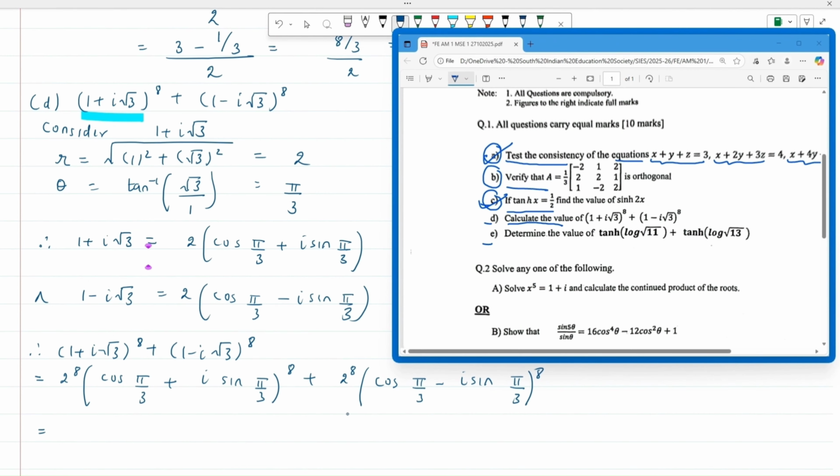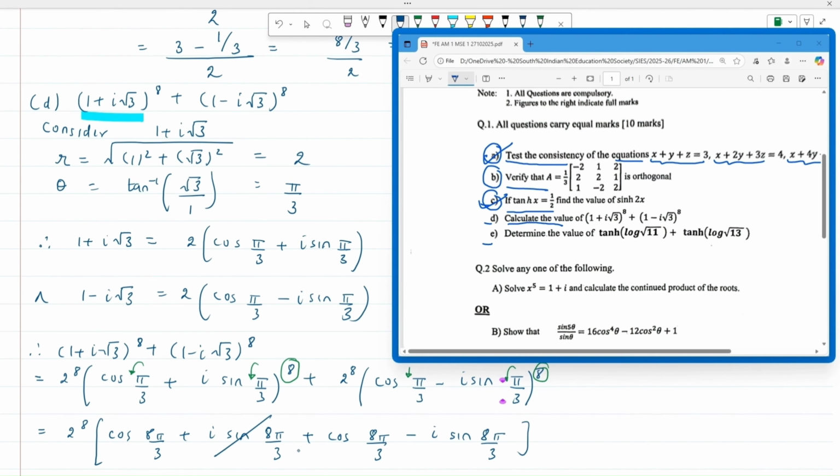Now we can see that 2 raised to 8 can be taken common, and also by the application of De Moivre's theorem, the power 8 gets multiplied to the argument of the trigonometric ratios in both the expressions. So thus we have here cos of 8 pi by 3 plus i times sine of 8 pi by 3 plus cos of 8 pi by 3 minus i times sine of 8 pi by 3.